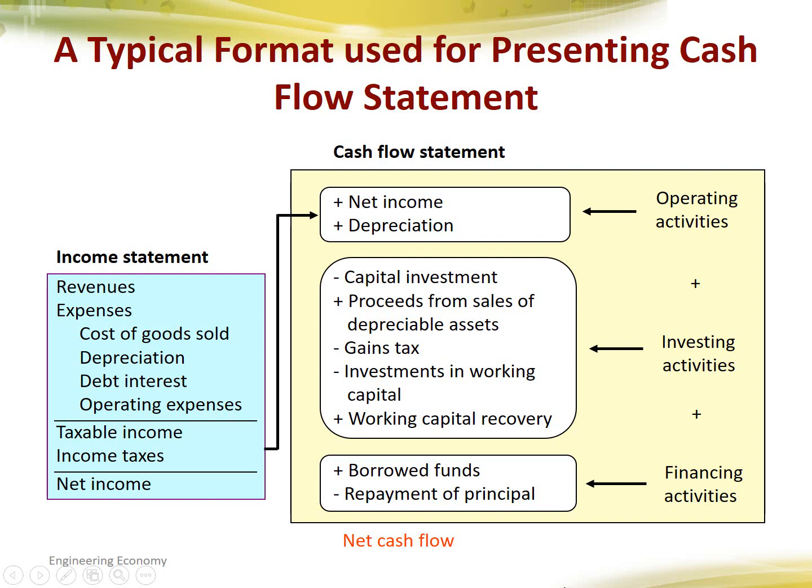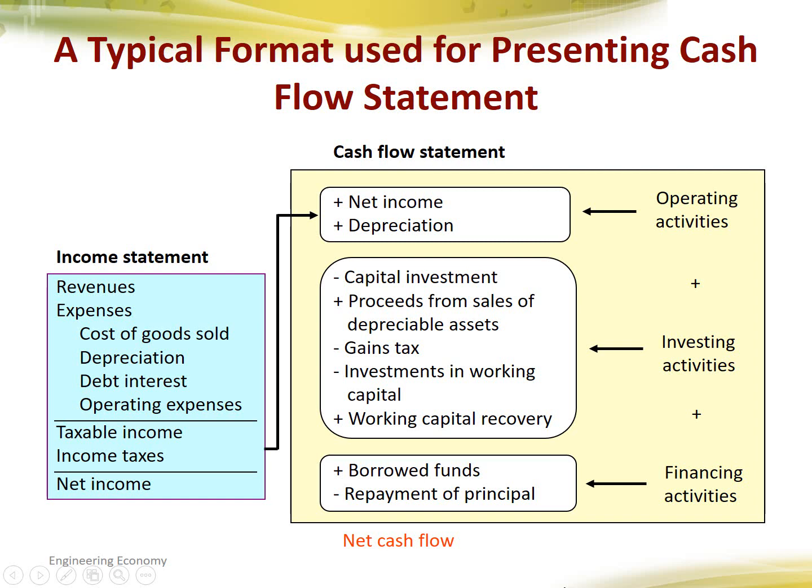And if you have borrowed funds, this is also an activity in the cash flow statement. You may not have them in different years, but at the end you will come back, and you have borrowed the fund at the beginning, and you have repayment of principal in different years.